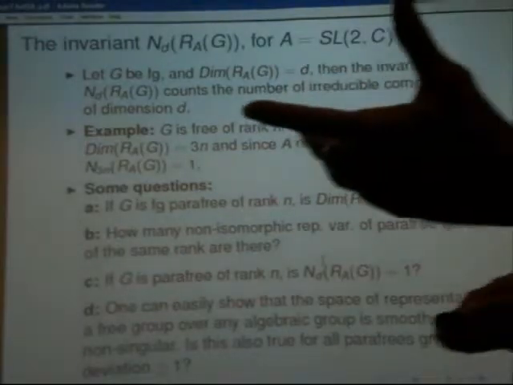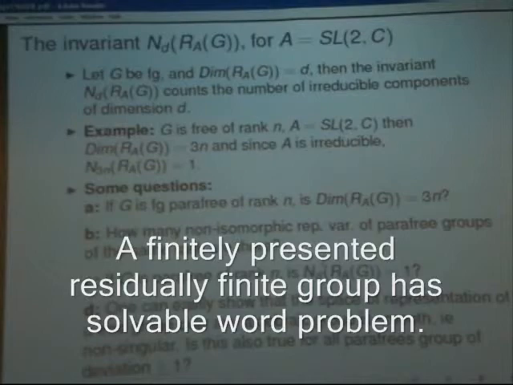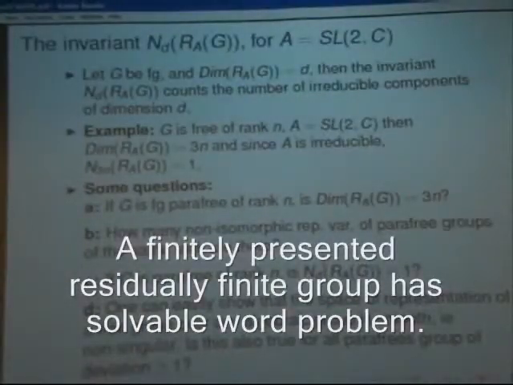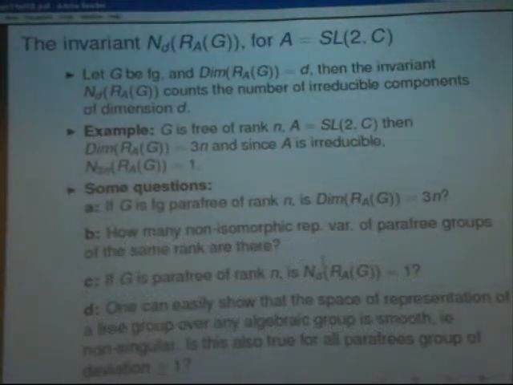I can tell you that finitely presented ones, for example, have solvable word problem because they are residually nilpotent and nilpotent groups that are finitely generated. It might have some torsion.